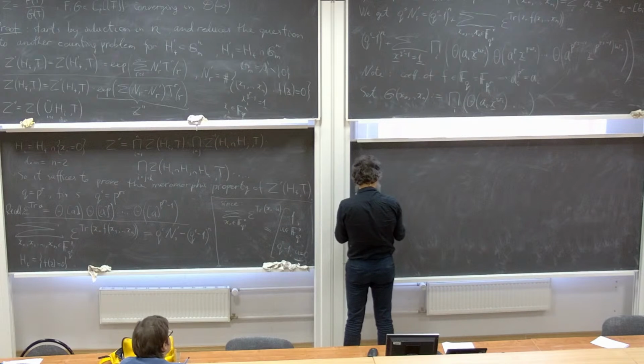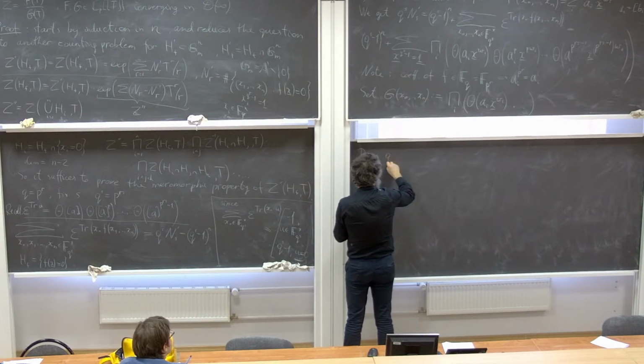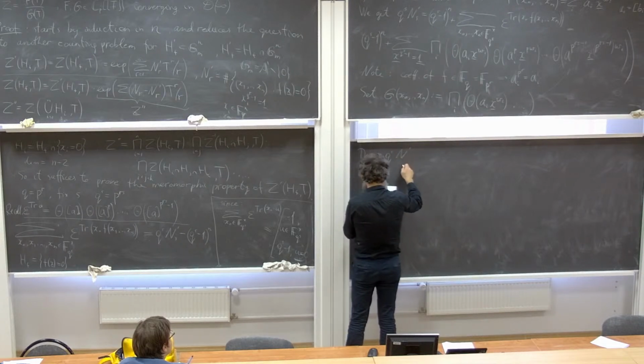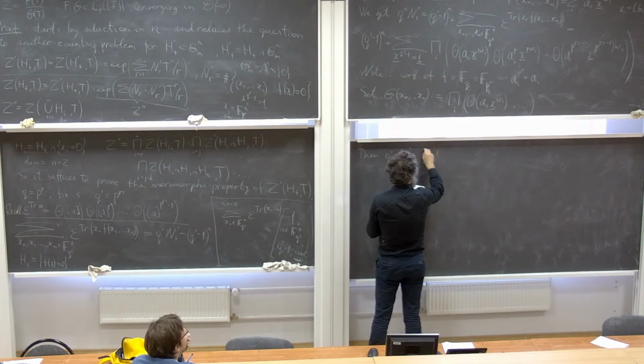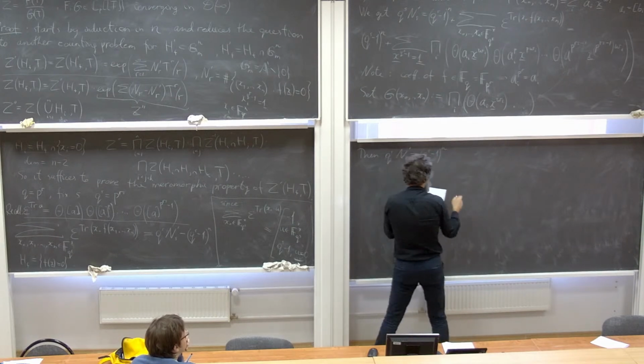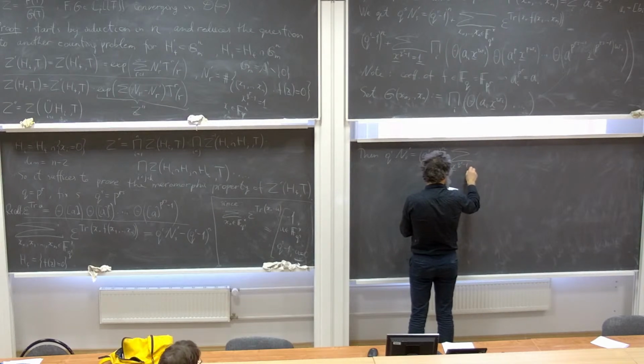Okay. And then we get that q to the power s, n prime s, is q to the power s minus 1 power n plus the sum over all non-zero coordinates.